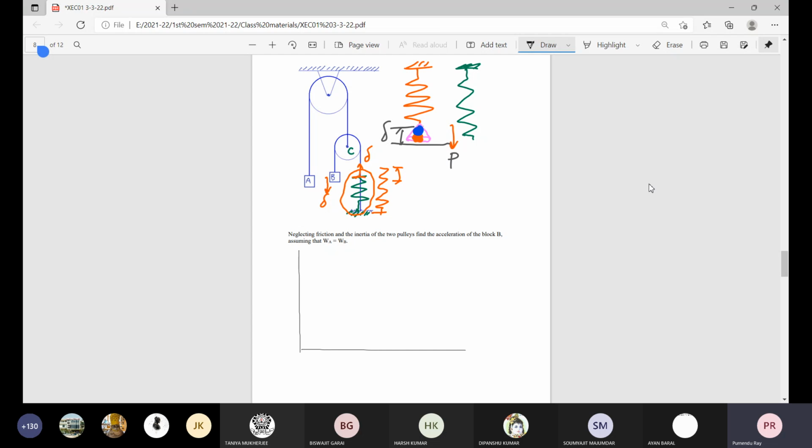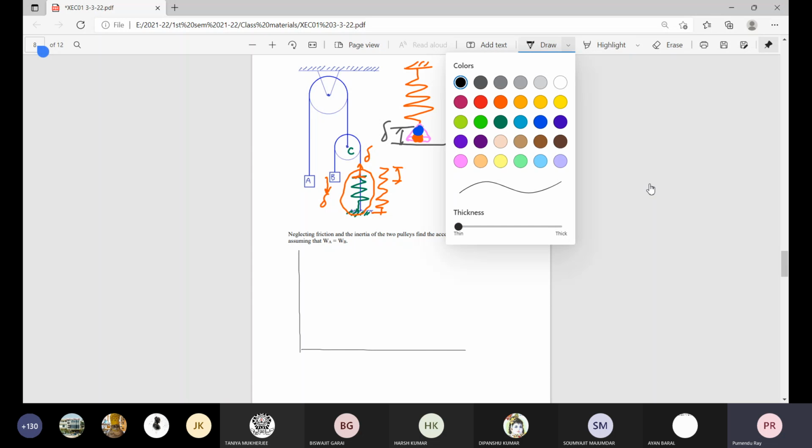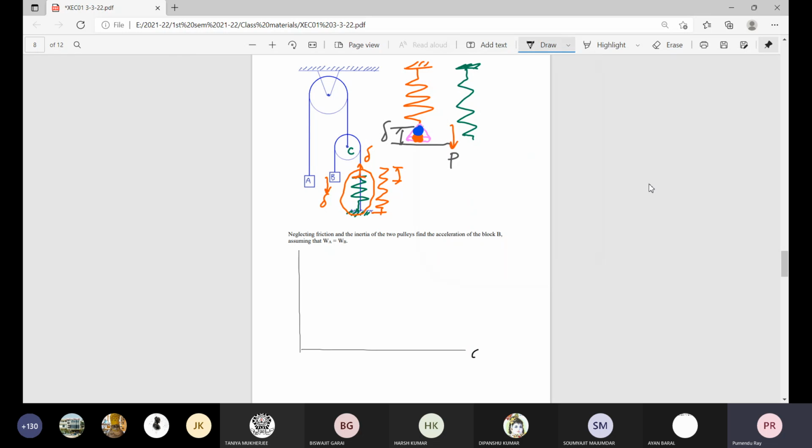You go on adding these masses M1, M2, etc. and measure the displacement or increase in length of the spring. But normally you will find these variables plotted with delta along this horizontal axis and P here.